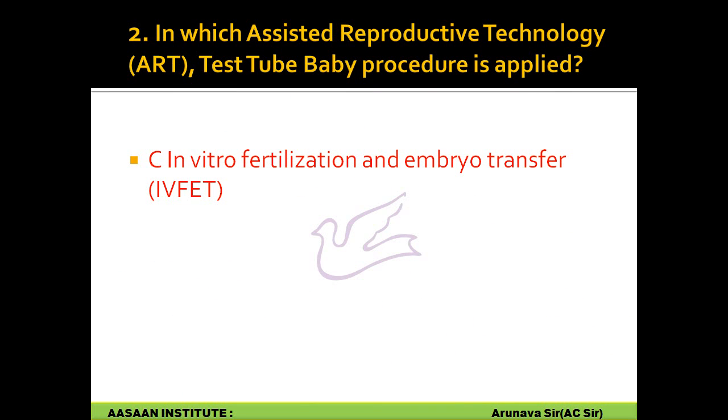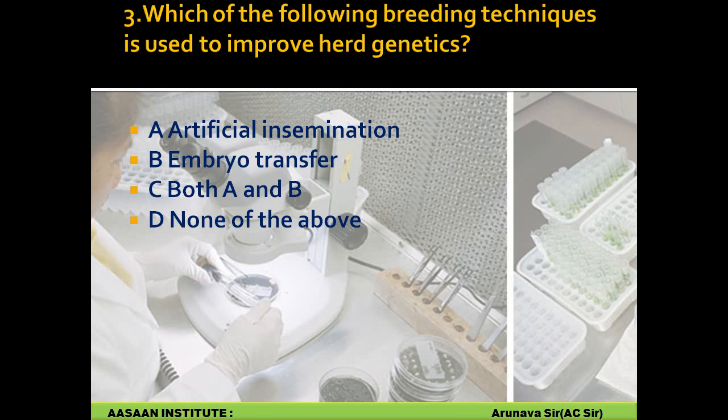Now go to the third question. Which of the following breeding techniques is used to improve herd genetics? In genetics, we are ultimately creating variation for what? For new varieties, for new qualities. And in genetics, we use breeding techniques for what reason?